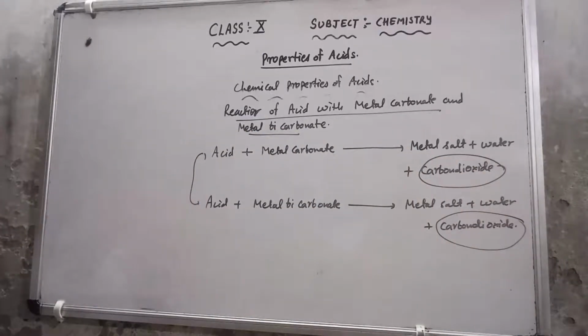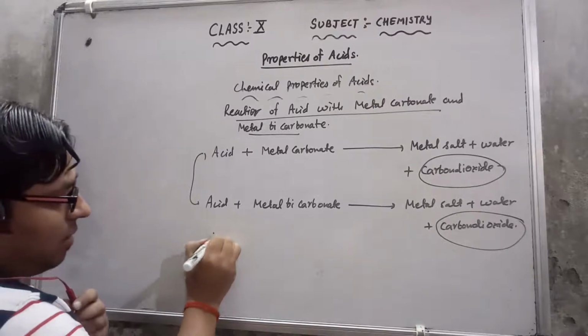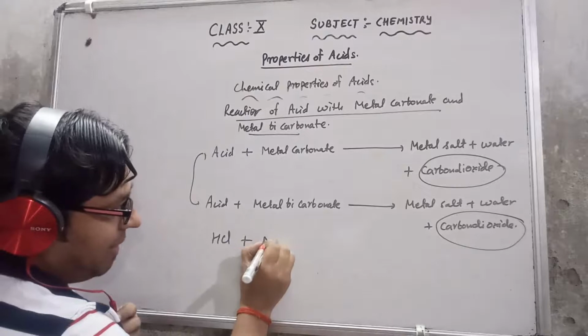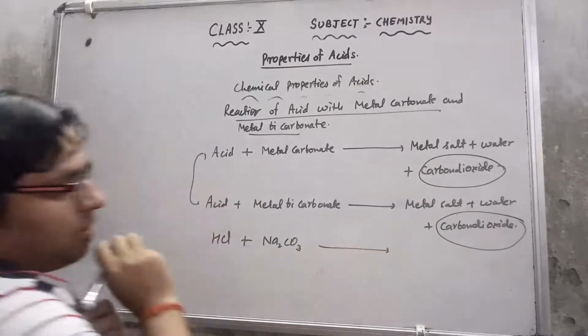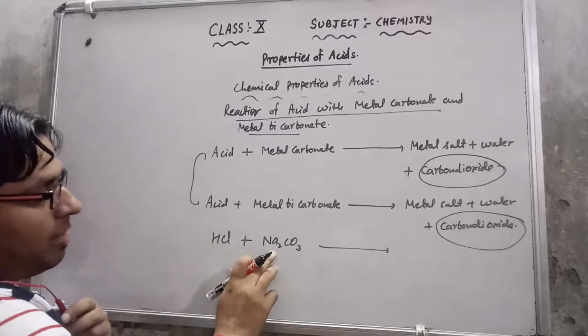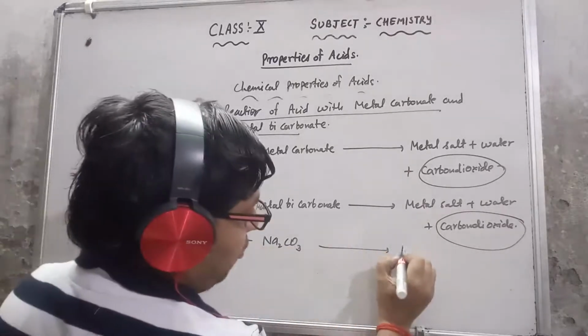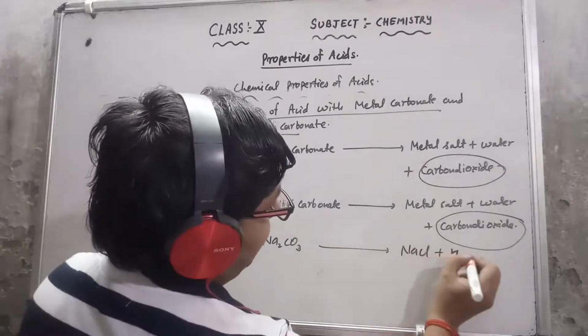The example I am going to discuss with you. Suppose I have HCl, an acid, and the metal carbonate I am taking is Na2CO3. The metal salt: Cl and sodium combine to give us sodium chloride, NaCl, and the water formula is H2O.